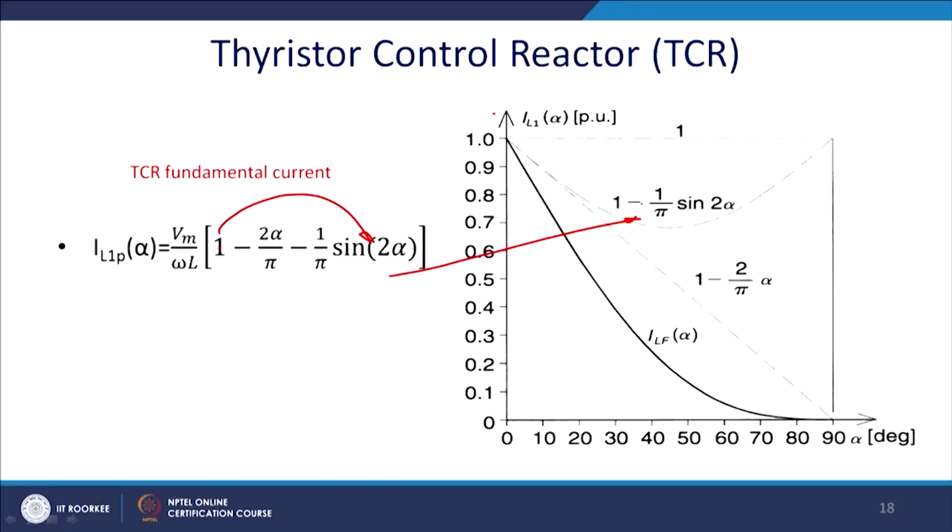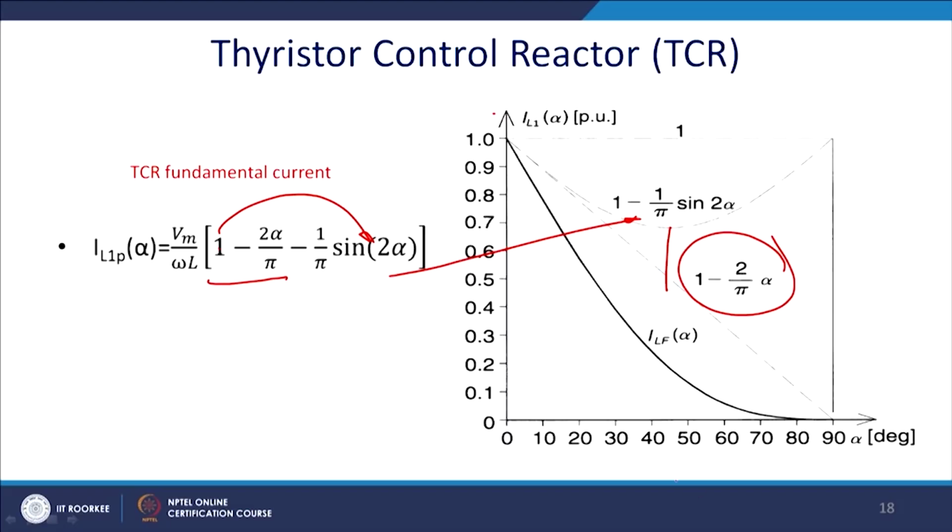The term 1 minus 1 by pi sin 2 alpha has this contribution, and this part has a linear contribution with alpha. If you change alpha, this part will contribute less and this will contribute more.